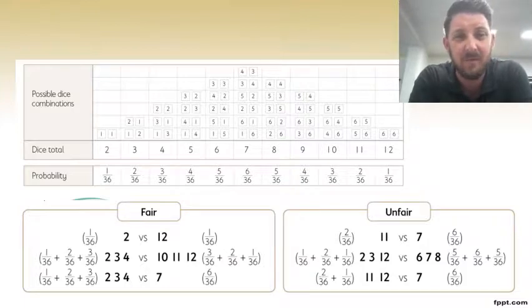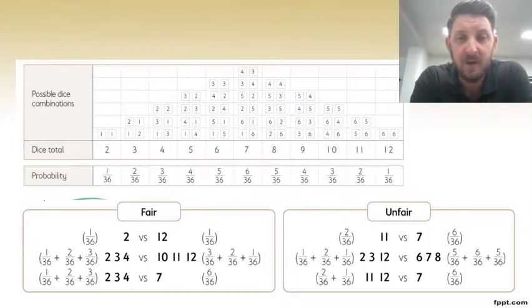For example, what's my chance of rolling a 6 versus an 8? It would be fair because both have a 5 over 36 chance. However, if I rolled a 2 against a 7, then 7 has way more chances of coming out than a 2, so that would be unfair.